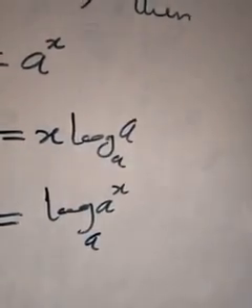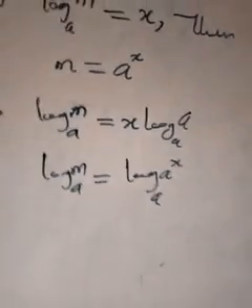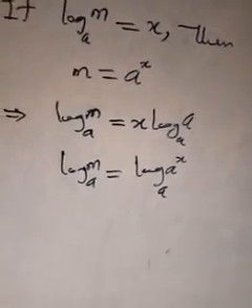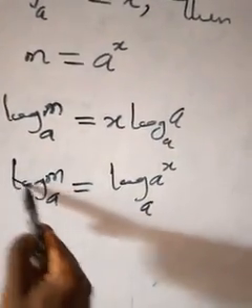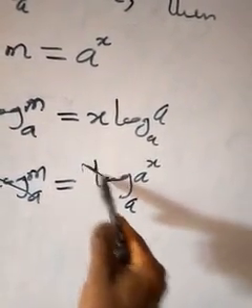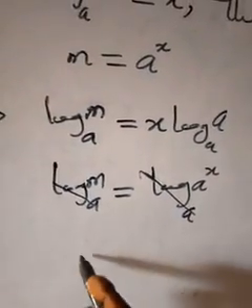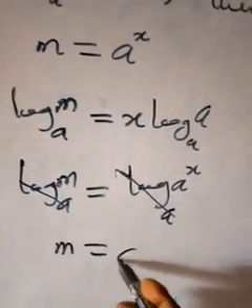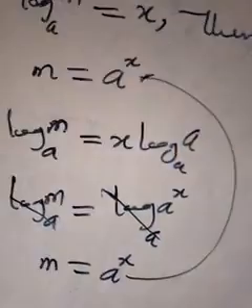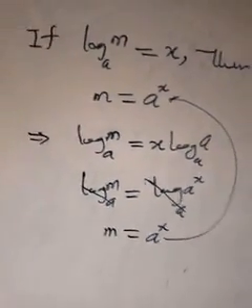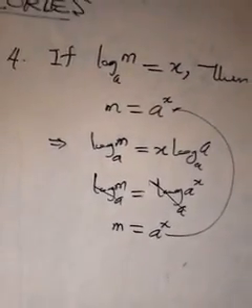Then we have this one. If you now look at it very well, look at both sides of the equation. If you now remove the common logarithm, which is log a and log base a, you can see that at the end of the day we have m is equal to a raised to power s, which is the same as this. So this is how we can explain it, and you can also take it when you are solving problems.